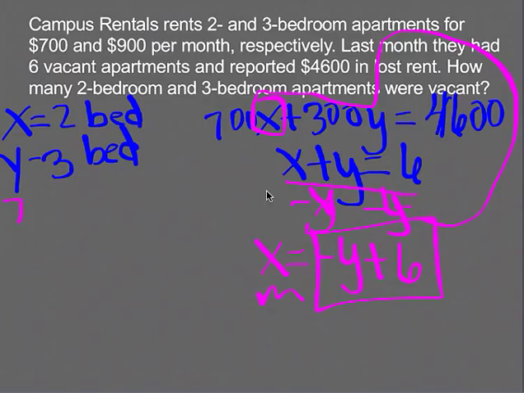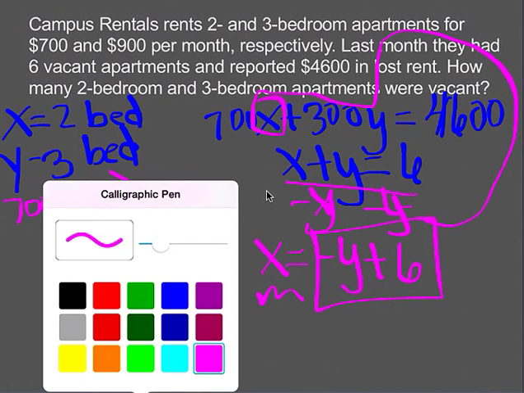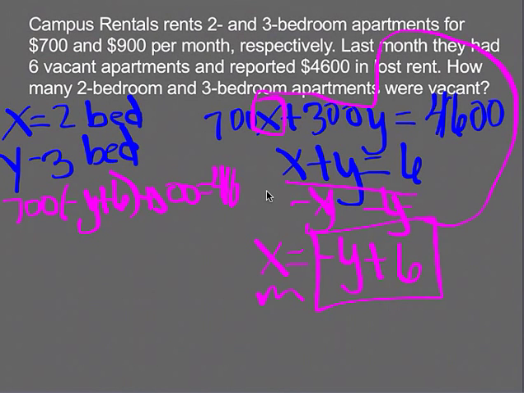So then what I have is 700 times negative Y plus 6, plus 900Y, is equal to 4,600.